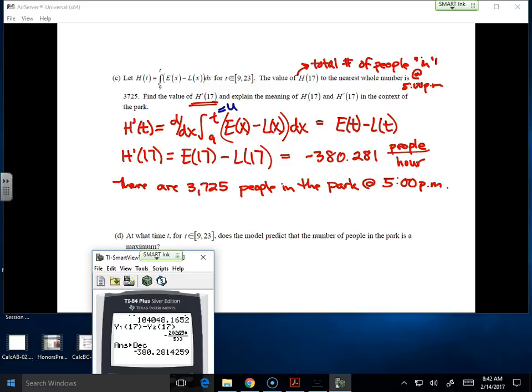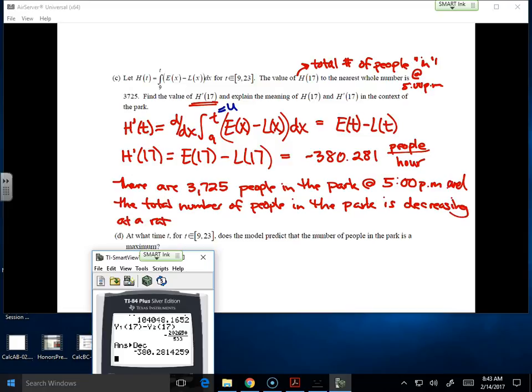There are 3,725 people in the park at 5 p.m. and the total number of people in the park is decreasing at a rate of negative 380.281 people per hour at that time.